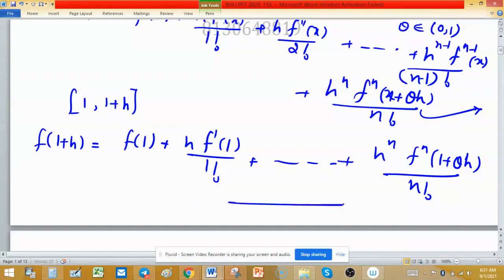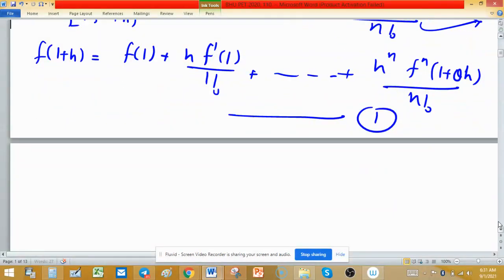Call this equation 1. In this equation, derivatives of the function are used, so try to find the derivatives.